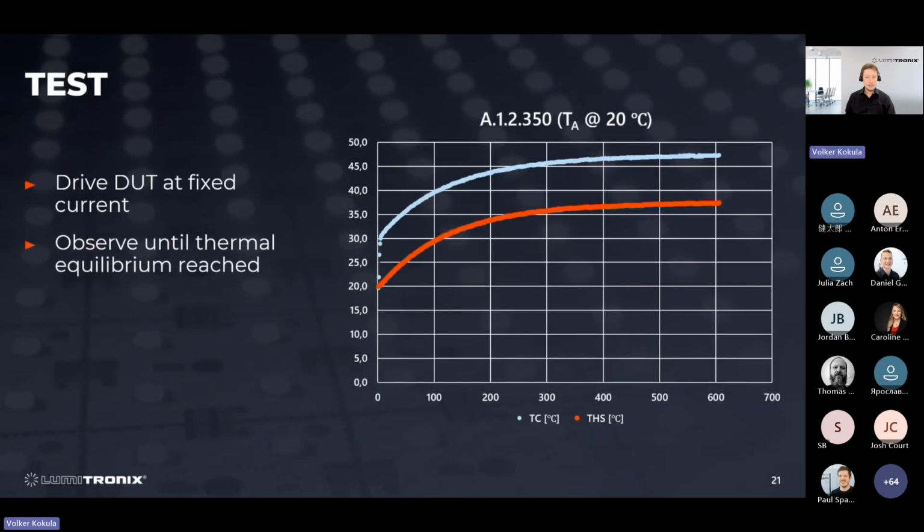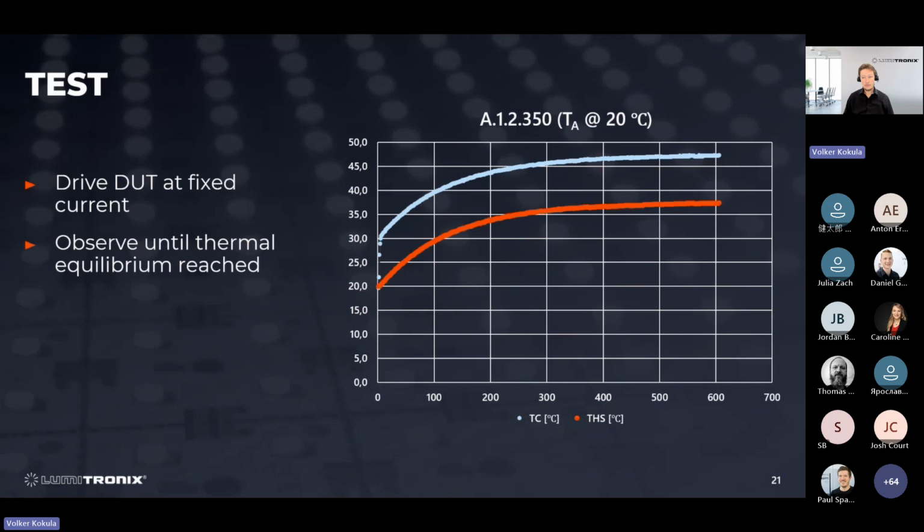For each test, we have driven the device under test with a controlled current in a thermally controlled environment. We have observed the temperature rise for the top of the PCB, like the hotspot temperature, and the temperature of the heatsink. And we have performed all of those tests until thermal equilibrium is reached.